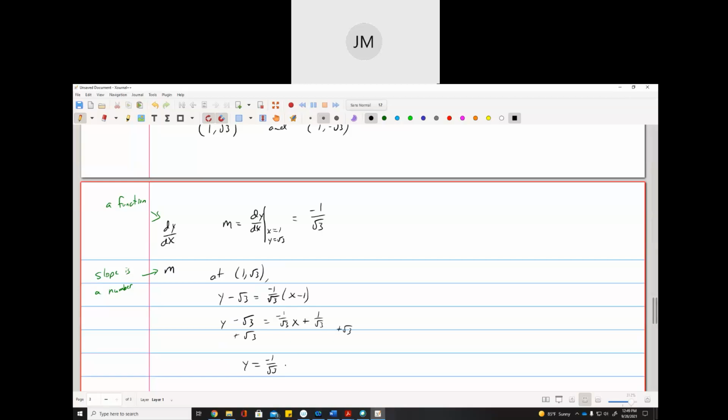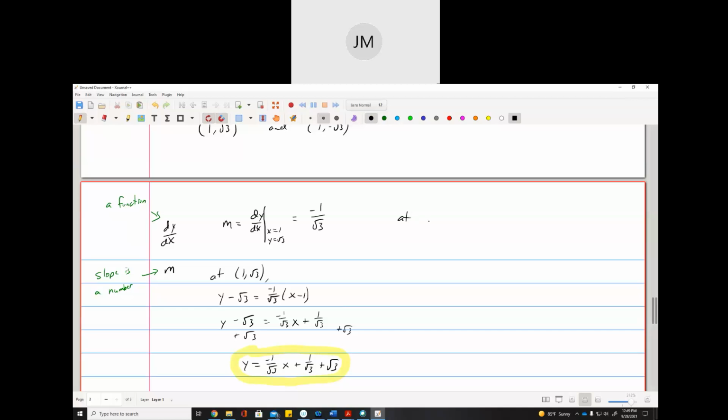Okay, now there's a lot of arithmetic that you could do here to maybe combine things together. I'm just going to say for our purposes that's unnecessary and distracting. What I do want to do is note that we had two different tangent lines. So let's go ahead and find the other one.